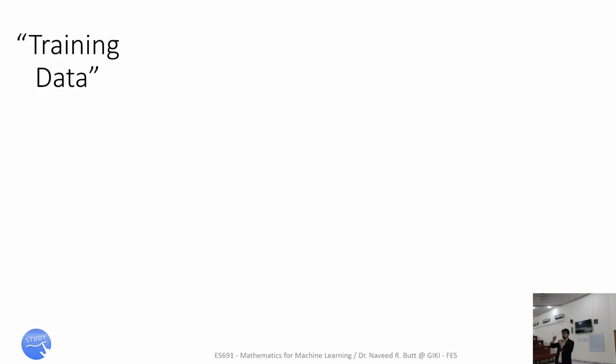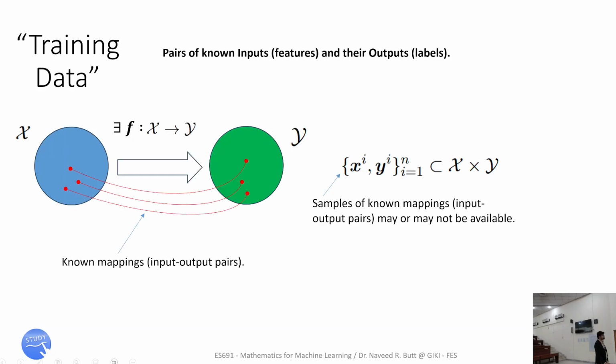Those points where you know the value of the function. That is training data, right? So in a way that is what's happening here also. Training data are those mappings that you know for sure, or at least you claim we know those. They may or may not be available. We will see this also.